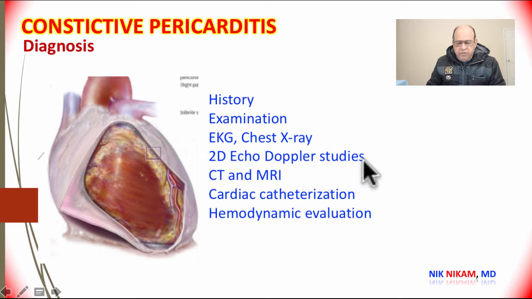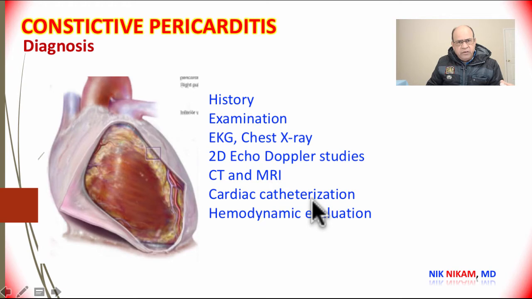Echo and Doppler findings are exceedingly important in helping us to identify the presence of hemodynamic limitations related to chronic constrictive pericarditis. CT and MRI are excellent for identifying the thickness of the pericardium, the presence of calcium, and also the texture of the pericardium, so that it will help in terms of surgical management.